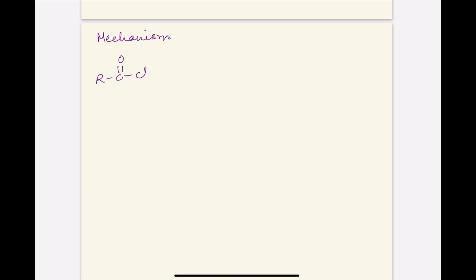So this is the acid chloride reacting with an amine. On the nitrogen we have a lone pair of electrons. In any reaction, the electron rich species will always give electrons to the electron poor species, and this lone pair will attack the electron deficient, electrophilic carbon.